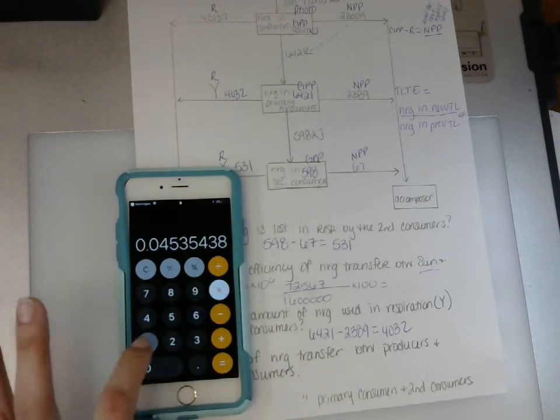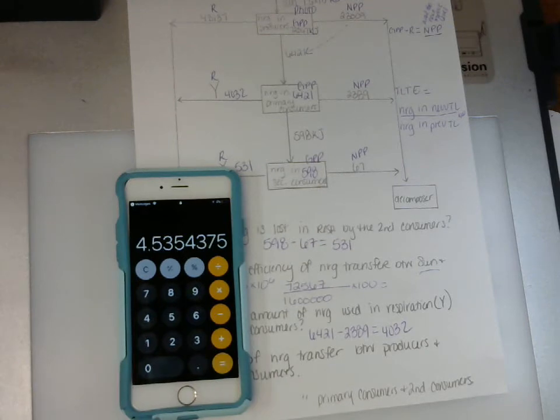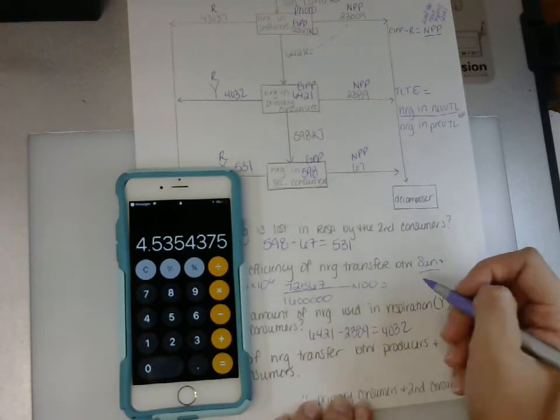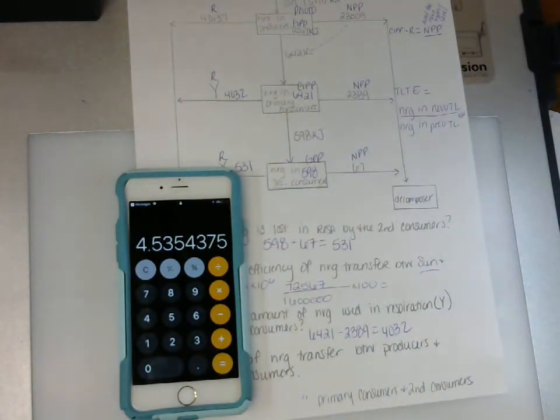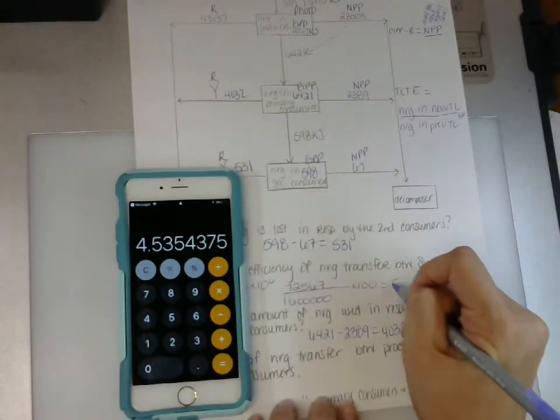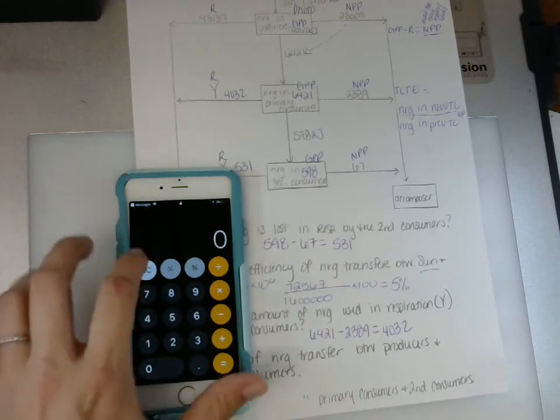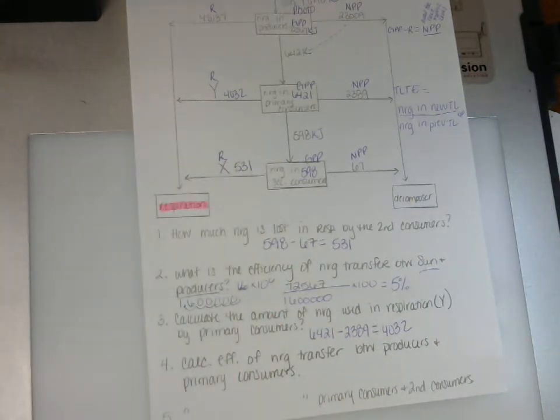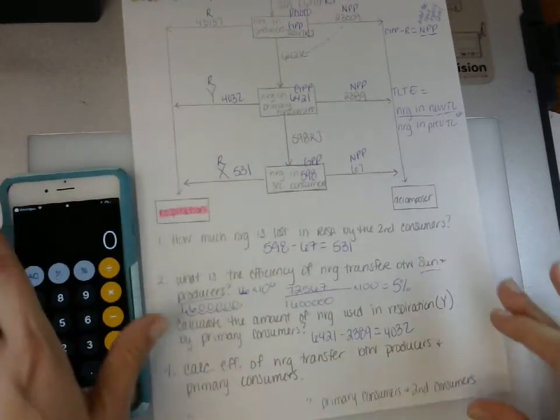Okay, times 100, getting a percentage. 4.5. There's no other value here that's in a decimal, so we're going to push that up to 5%. Now remember, you can ask the question of how come only 5% of the sun's energy is incorporated in the biomass of the producers?